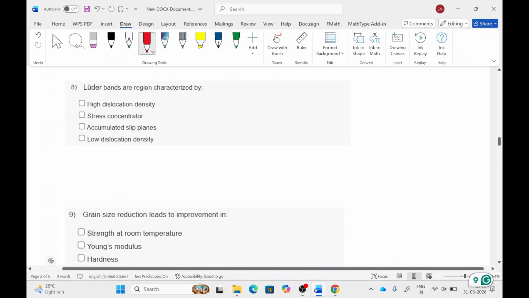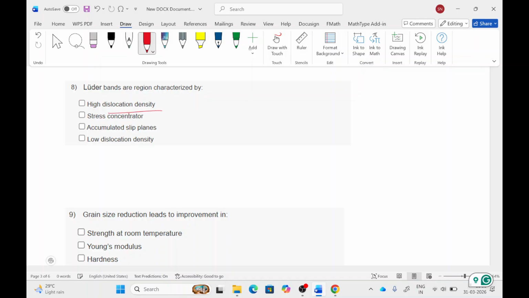Next question is, Luder bands are a region characterized by. So Luder bands generally form in the tensile test specimen because of the stress concentration in some region. And these are generally formed in the region where dislocation density is high.